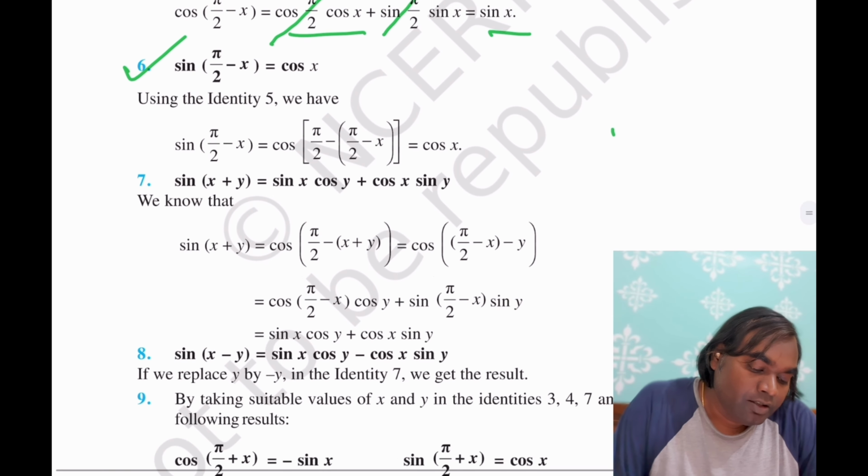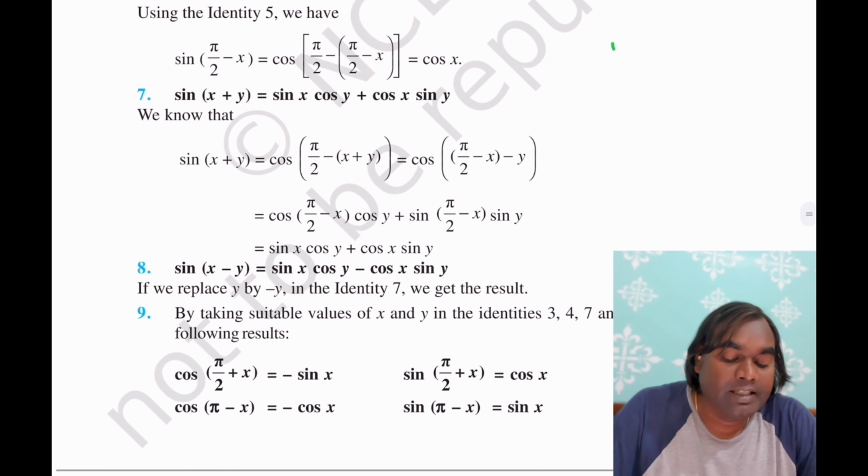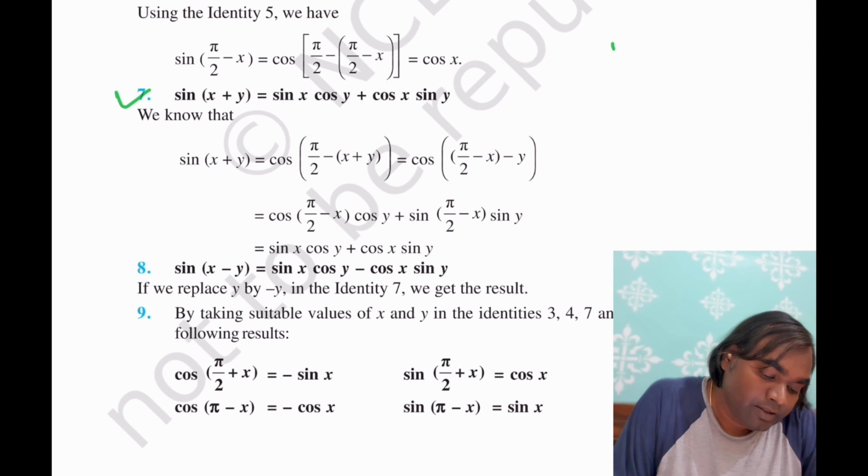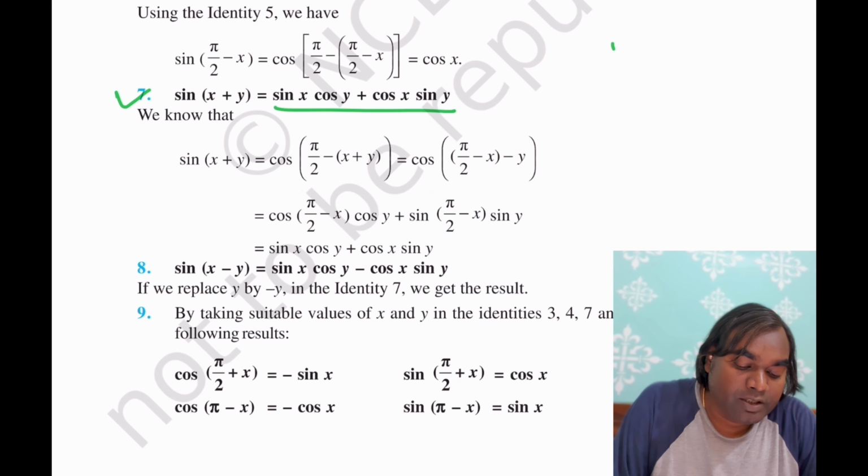Now the identity sin(x + y) = sin x cos y + cos x sin y. Note the order of this: sin x cos y + cos x sin y.